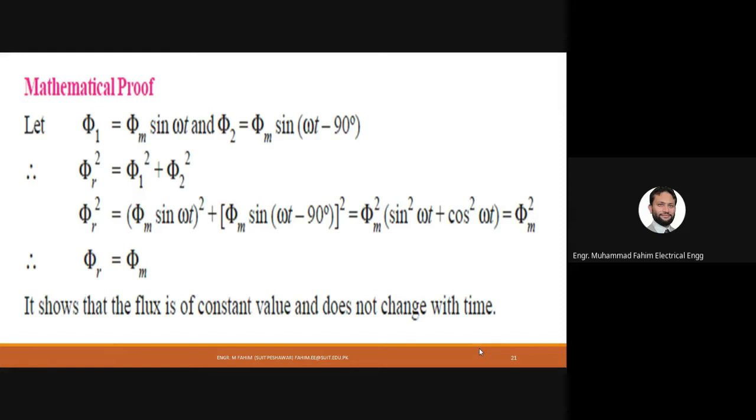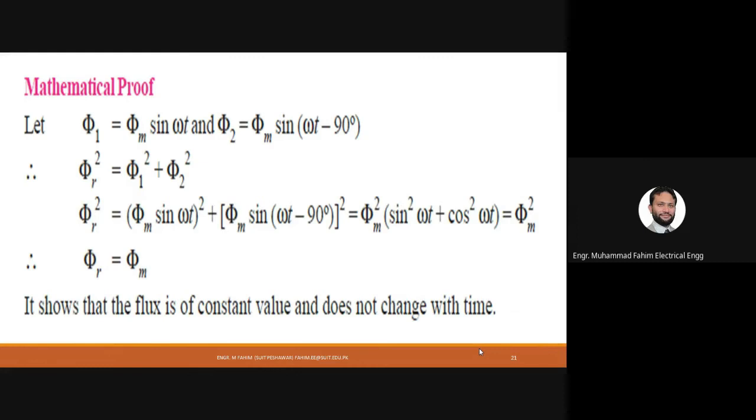Phi r square is equal to phi 1 square plus phi 2 square, and phi r square is equal to phi max sine omega t square plus phi max sine omega t minus 90 degree square. So that is equal to phi m square sine square omega t plus cos square omega t, that is equal to 1, because sine square omega t plus cos square omega t is equal to 1.